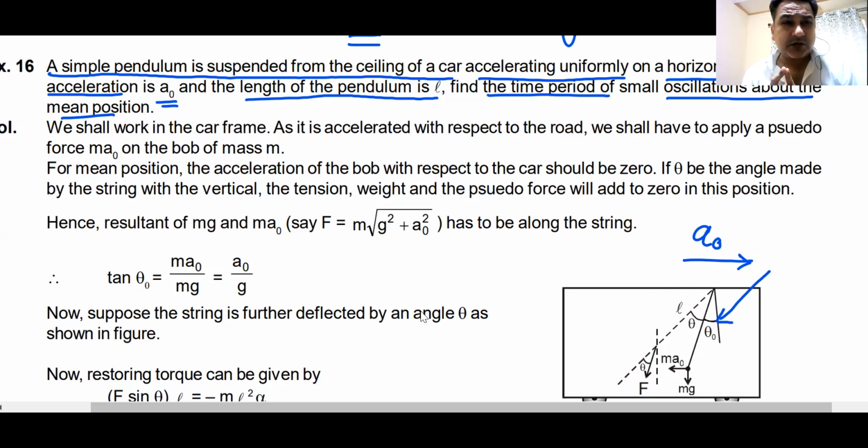For example, in electric current, in EMI, you will have questions where a rod will be moving, so it is a question of EMI as well as a question of motion in a straight line. When two topics get mixed, you have a question that is going to trouble you.